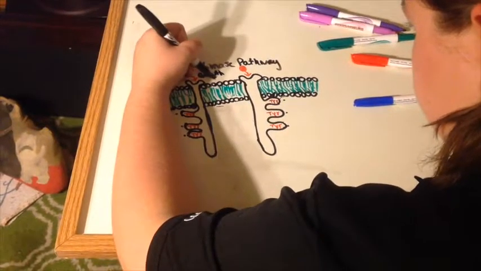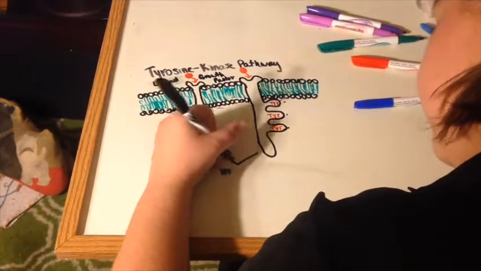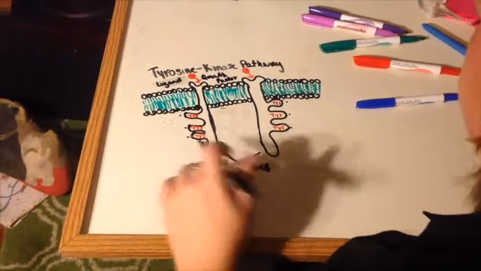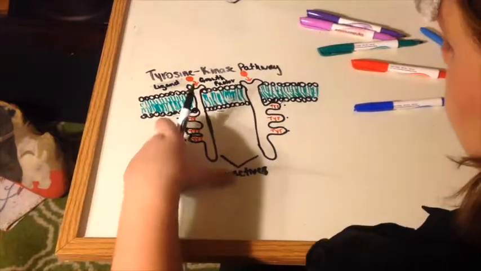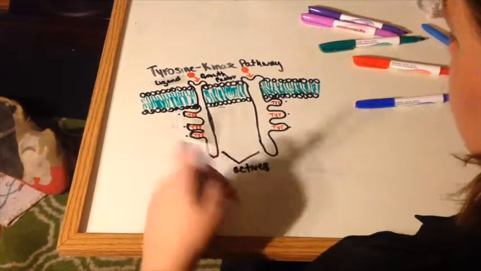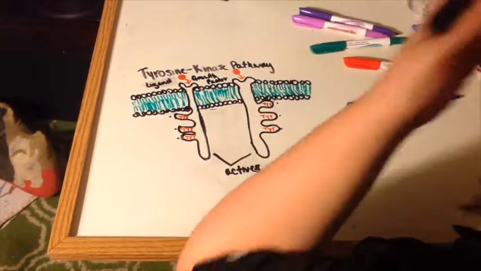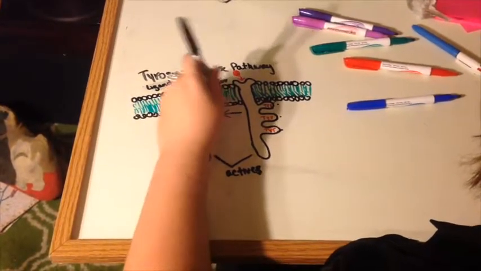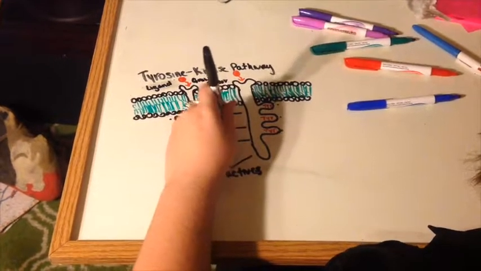If it's a growth factor, you have your inactive receptors. When these growth factors come in, they're going to turn partially active. Once they're partially active, the monomers, the receptors, are going to connect together or come very close.